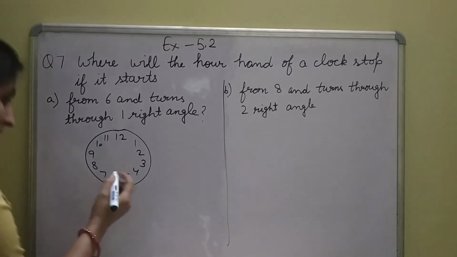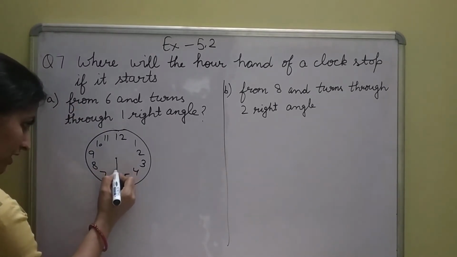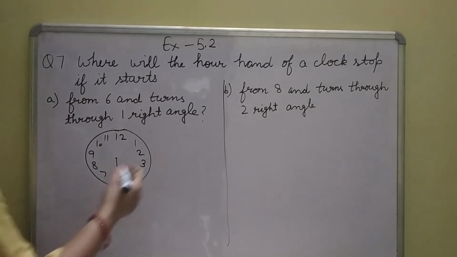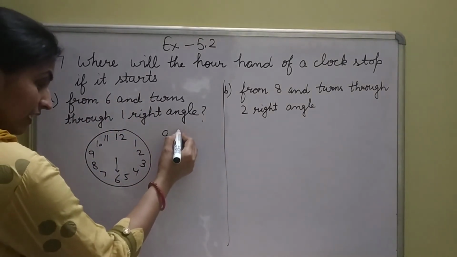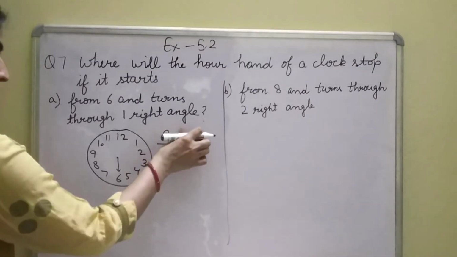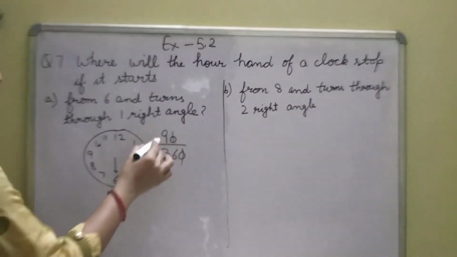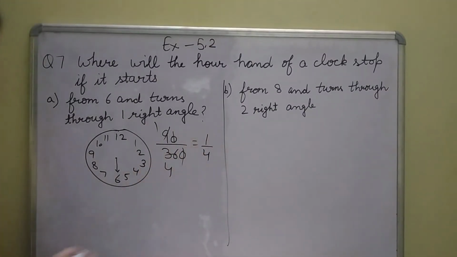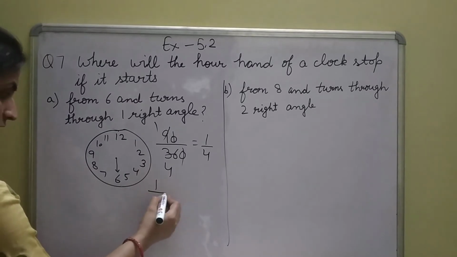We are on 6 and we have to tell where we will stop after one right angle. Right angle, total revolution is 360 degrees. So 0 to 0 cancel. 9 ones are 9, 9 fours are 36. So 1/4 of the revolution.